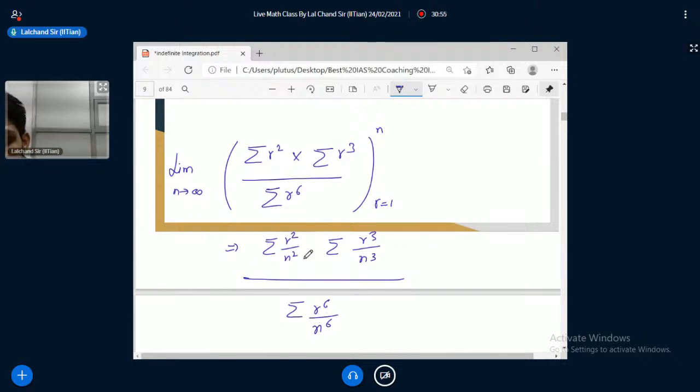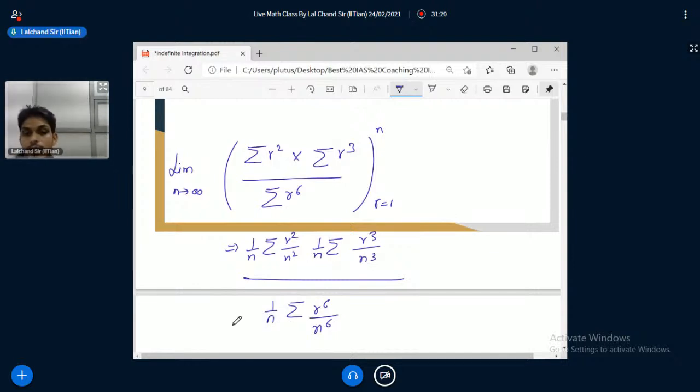So there must be some extra 1 by n always. To balance the n power, here 1 by n, 1 by n and 1 by n.